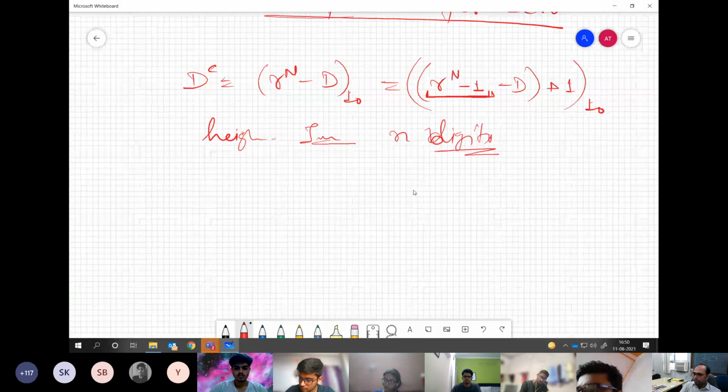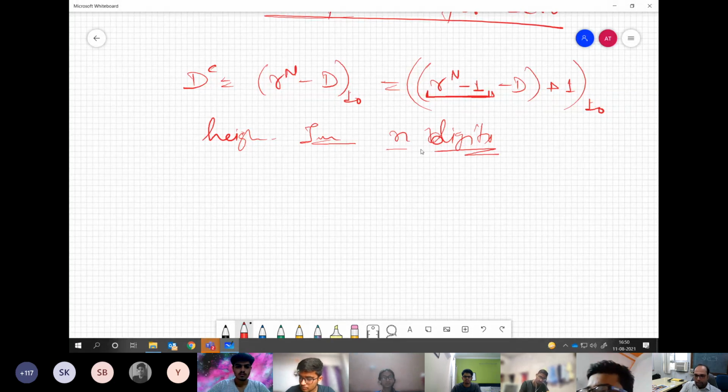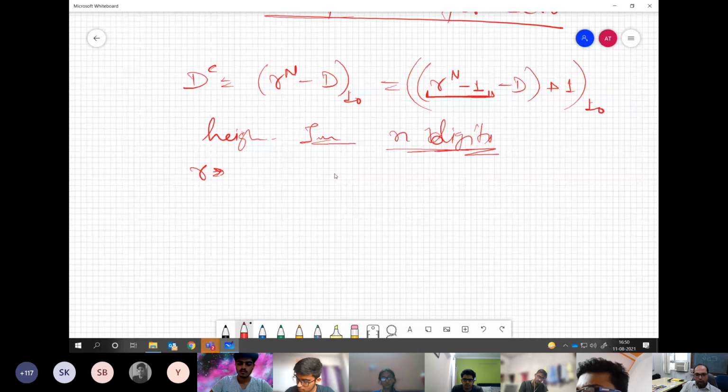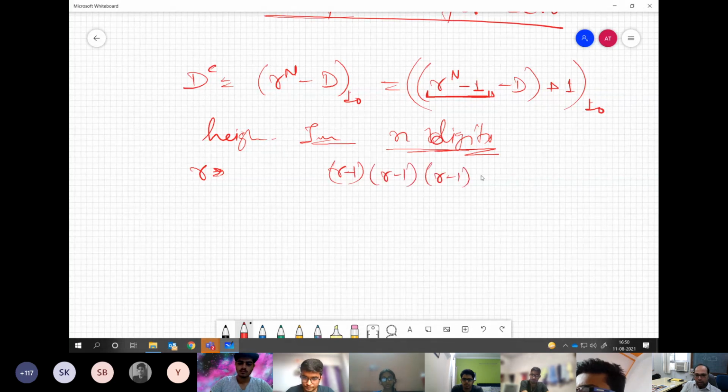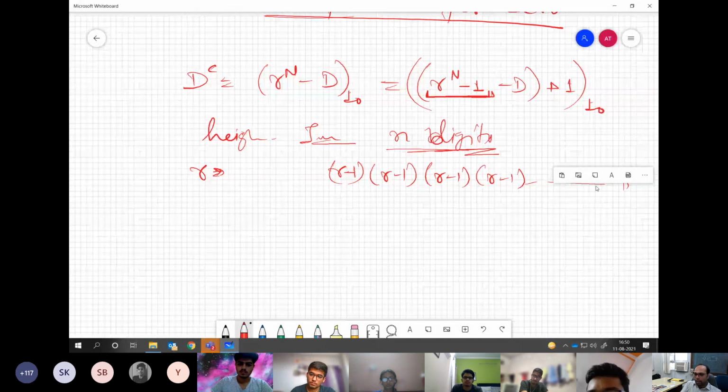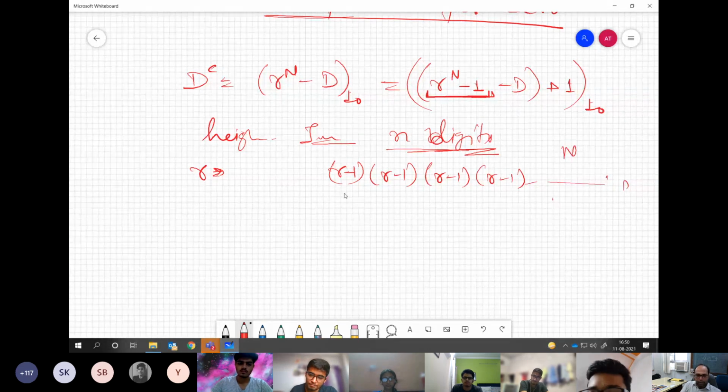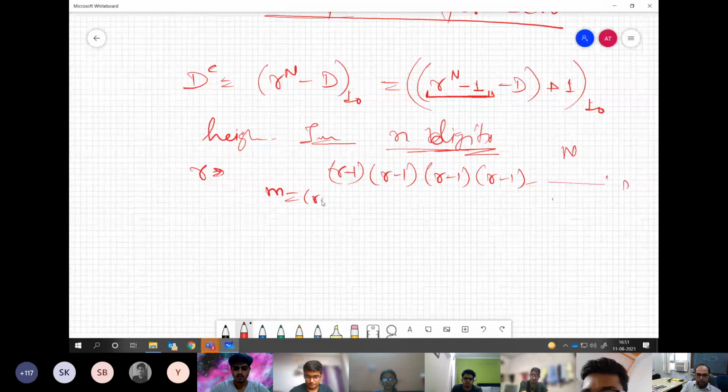Getting my point? Now, what is this highest number? Let's say we talk about radix r. The highest number would have all digits r minus 1, r minus 1, r minus 1, and so on, for all the n places. For simplification, let's say small m is equal to r minus 1.